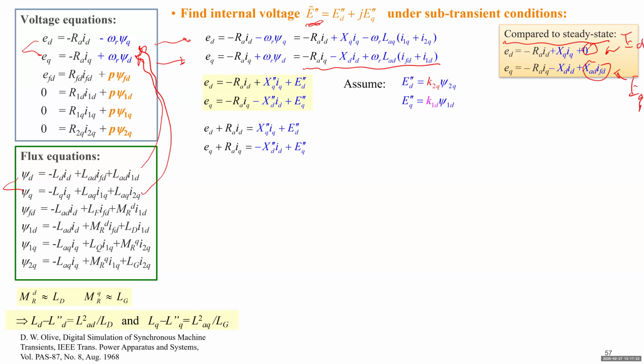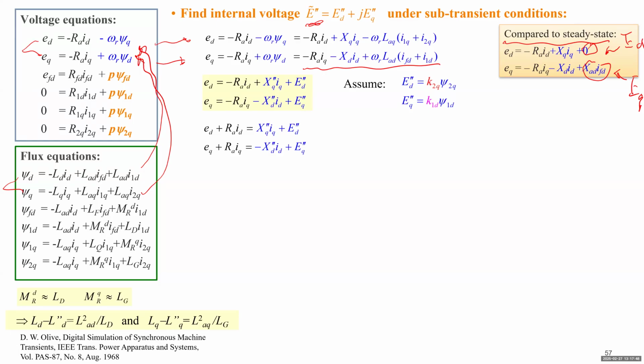If this is sub-transient dynamics, it has to link to some flux linkage, because this voltage has to be induced by a flux linkage also associated with the sub-transient dynamics. So which one is that? I already told you: ED double prime has to come from psi 2q. But why do I put psi 2q? Take a look at those flux linkages.